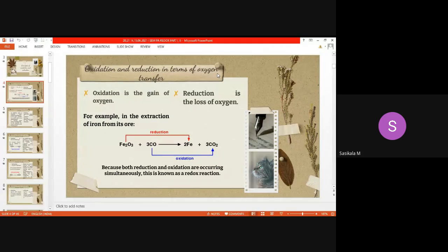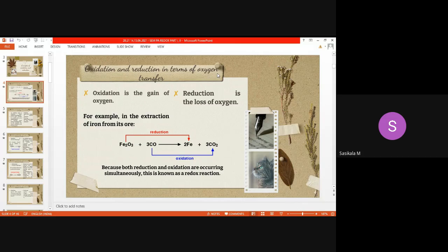One more point to remember: the oxidation number increases in oxidation and decreases in the reduction process. When oxygen is added to a molecule, the process is called oxidation. If oxygen is removed or lost from the molecule, it is called the reduction process.